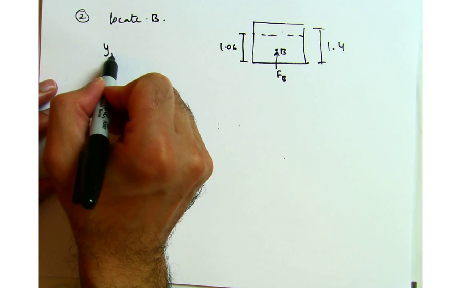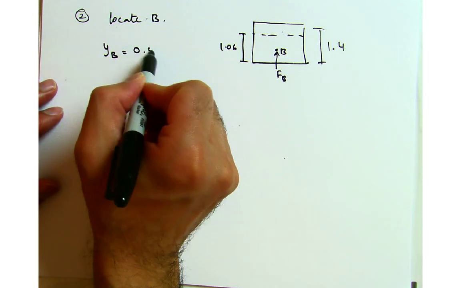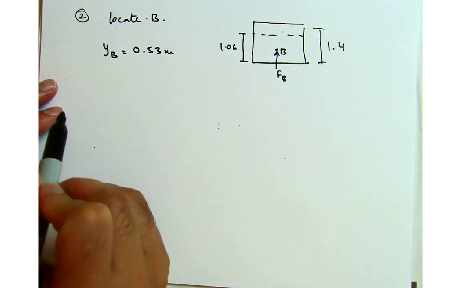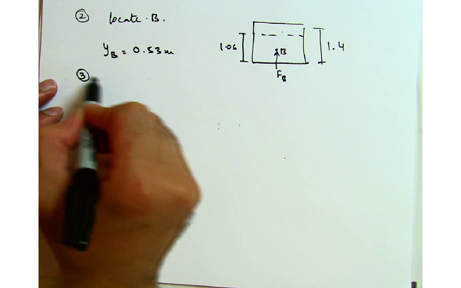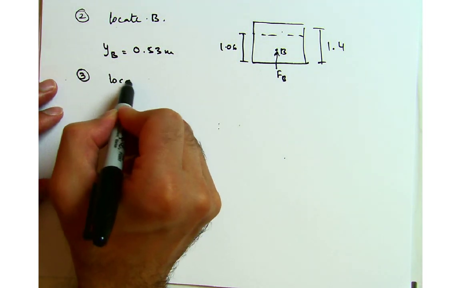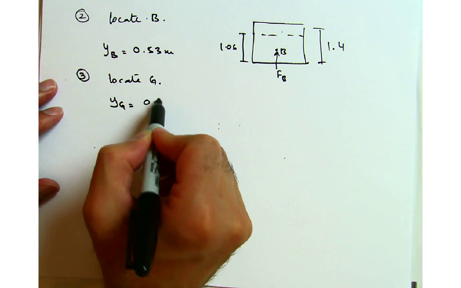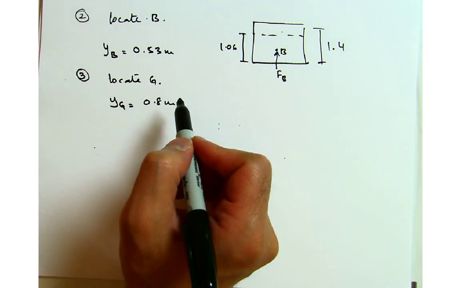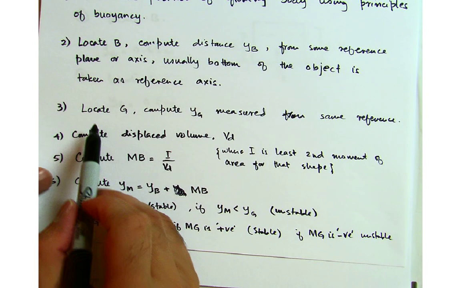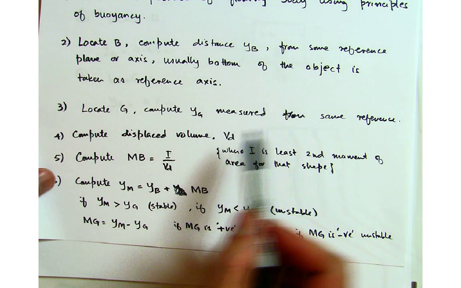So y of B is equal to 0.53 meters. And then the third thing is to locate G, which in this problem is given to us, which is 0.8 meters. Okay, so that's the third thing, locate G, compute YG measured from the same reference.